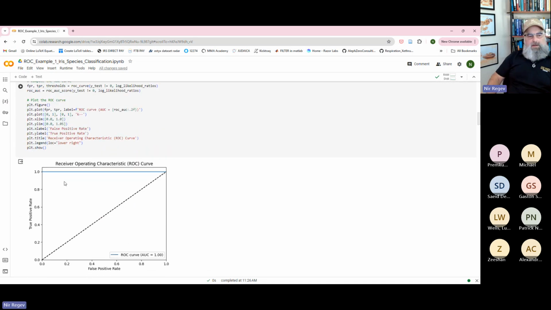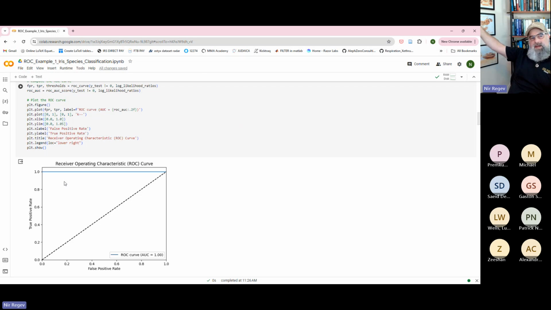Okay, so we see what usually doesn't happen, but I put it here just for the sake of this example. Okay, this data set is very minimal. We don't have a lot of data points, and that's why it looks as if we can separate these species based on the feature vectors completely.